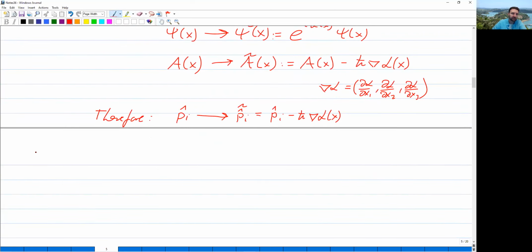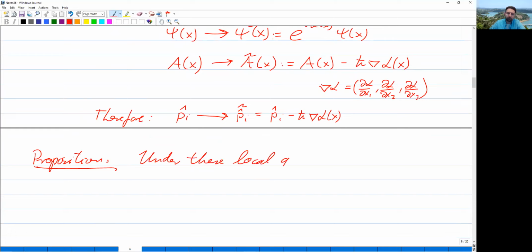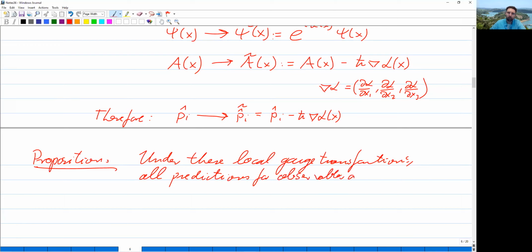Then the proposition is that under these local gauge transformations, all predictions for observables are invariant.